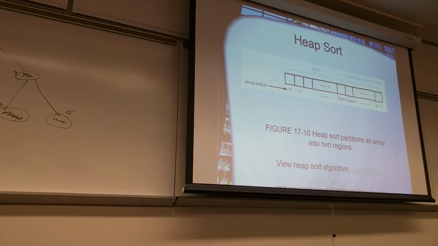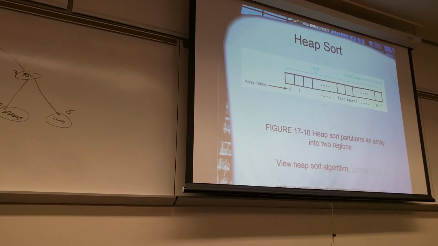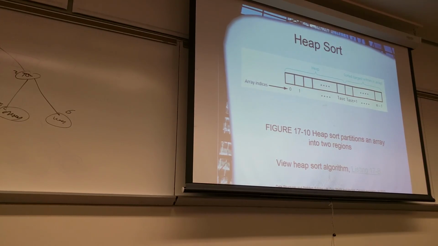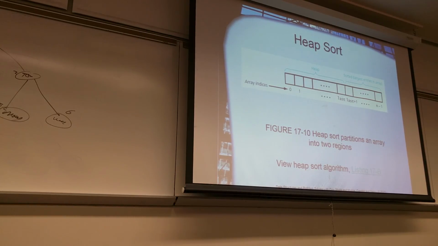So it becomes an n log n algorithm. There's n elements that you have to throw in the heap, and each time you do that, remember the worst case scenario is you put something in the heap and it has to go all the way to the top. The height of the tree is log base 2 of the number of elements. So n elements times log n operations. And then removing is the same.